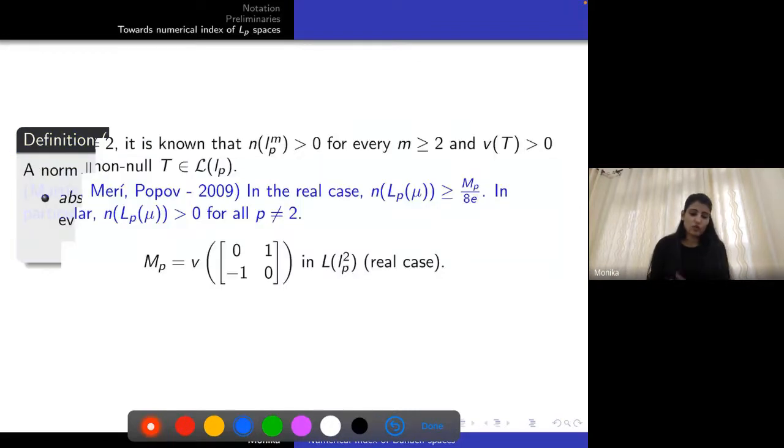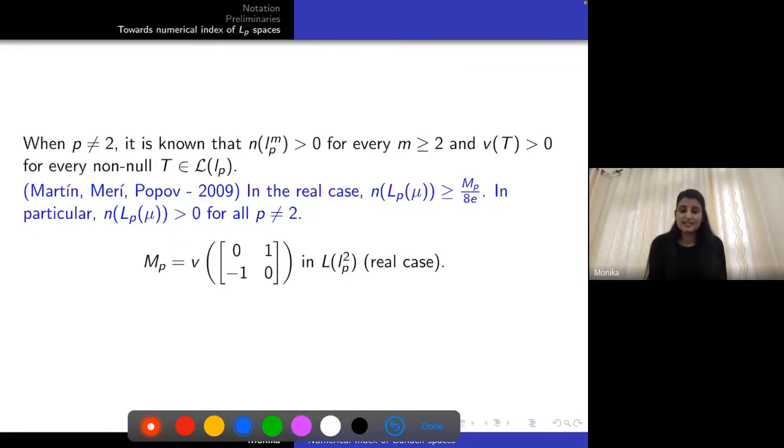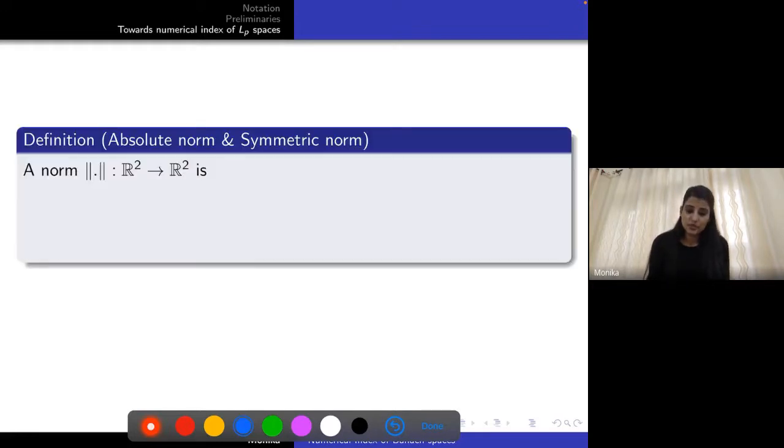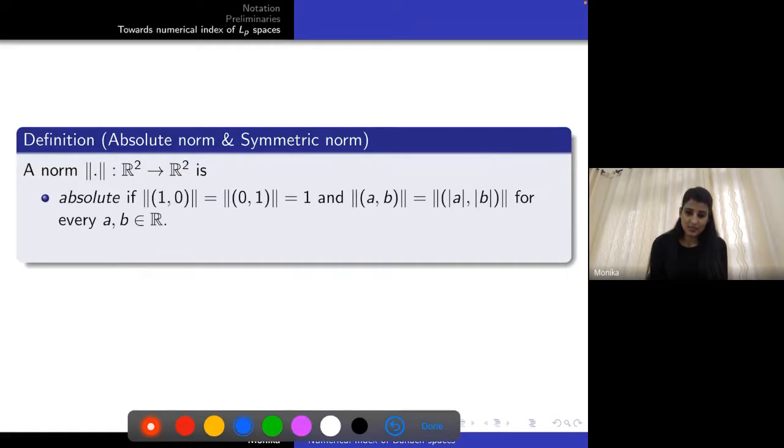So now what we want to do is move towards the numerical index of L_p spaces, right? For that, let's first see some definitions, the absolute and symmetric norm. If we have a norm on R^2, we will say it's an absolute norm if the norm of (1, 0) and the norm of (0, 1) is 1, and the norm of (a, b) coincides with the norm of (|a|, |b|).